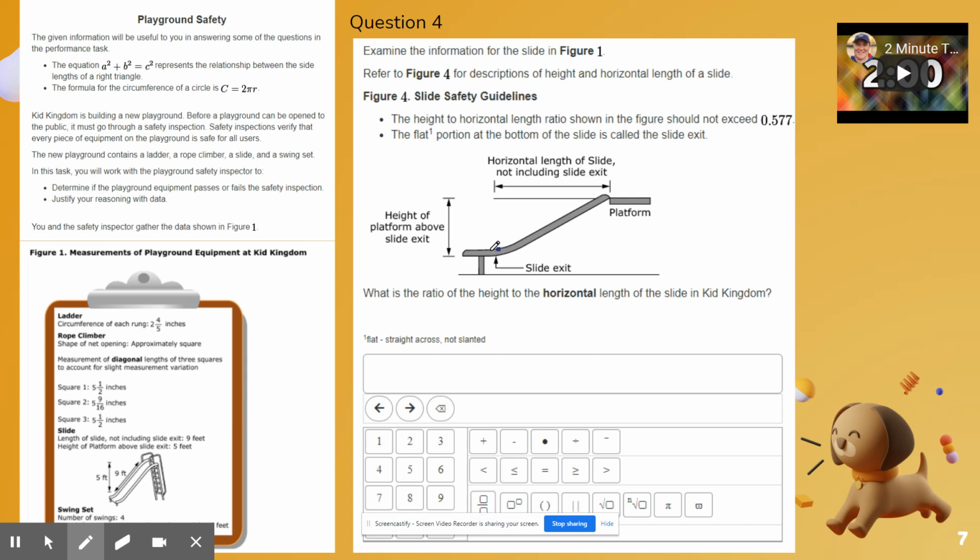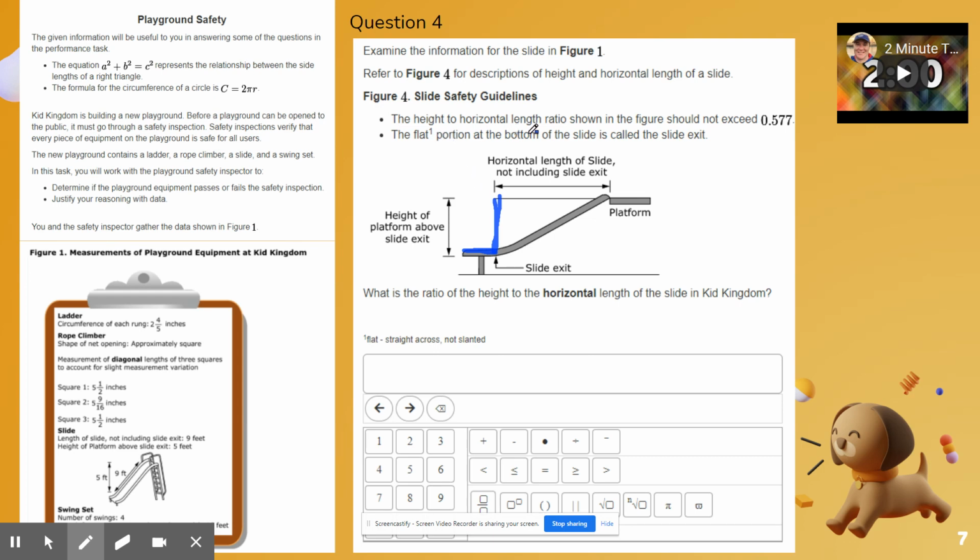So this is the slide exit right here, and then the height of the platform exit, right? We're talking about from here to here. And we're saying it should be 0.577.